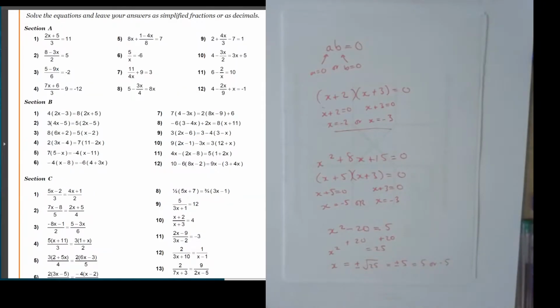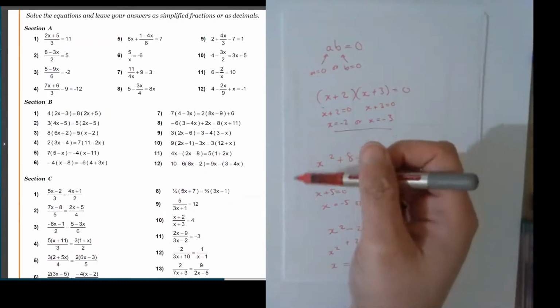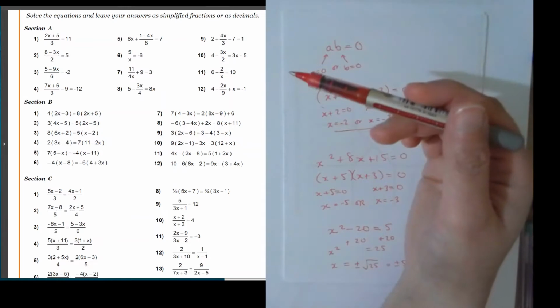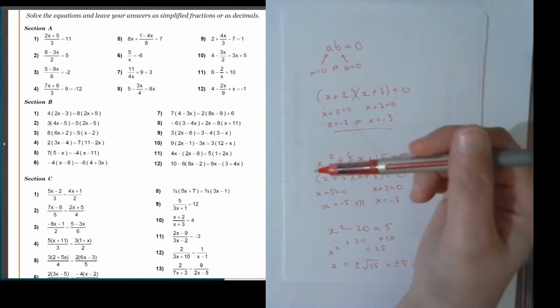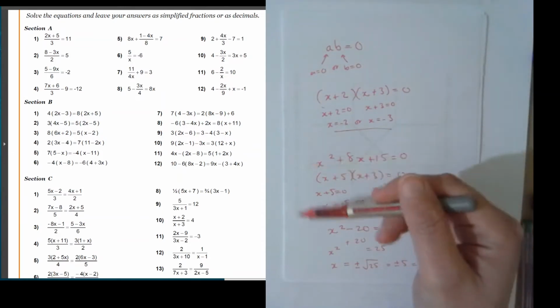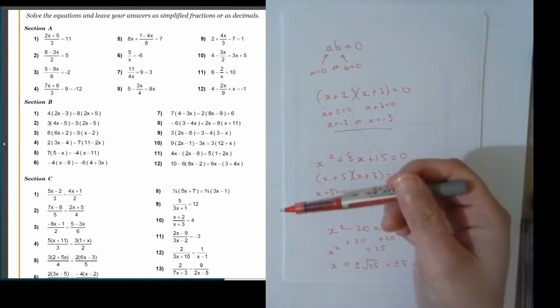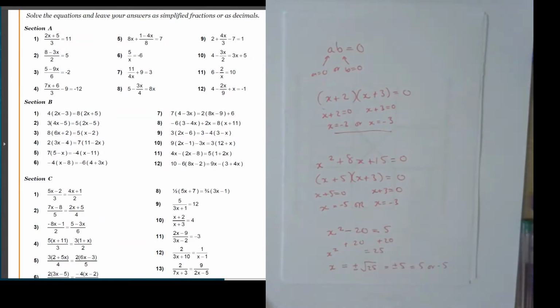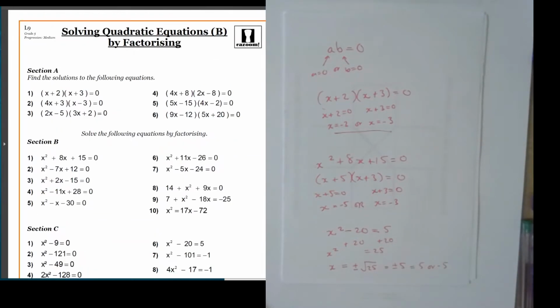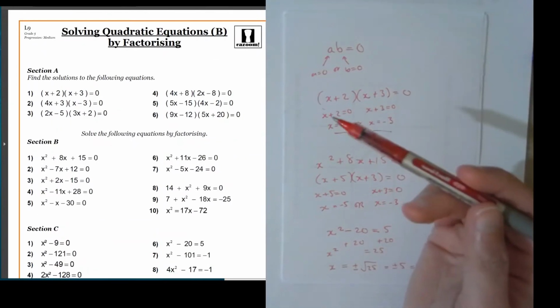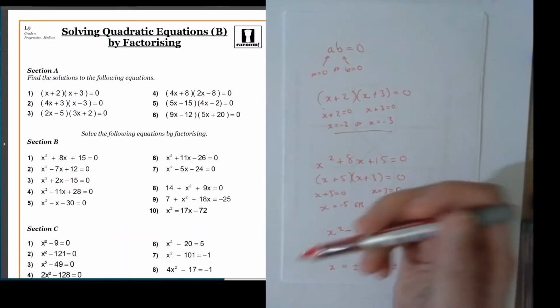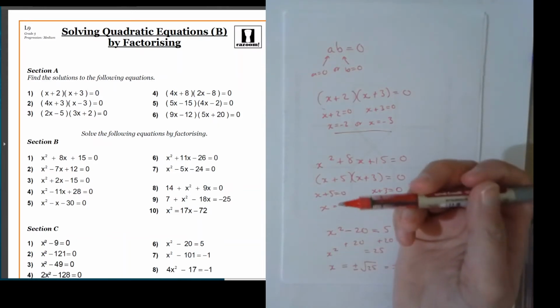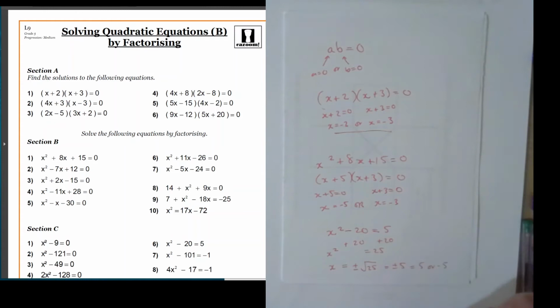For this worksheet, I would expect a couple of those, maybe up to 3 or 4, and a few of these just to make sure that you understand how to do section C. You can do a few of those fractional ones, and then if you want to go through some of these, it will practice your factorizing quadratic expressions and it will give you the solutions. Okay, cool, excellent.